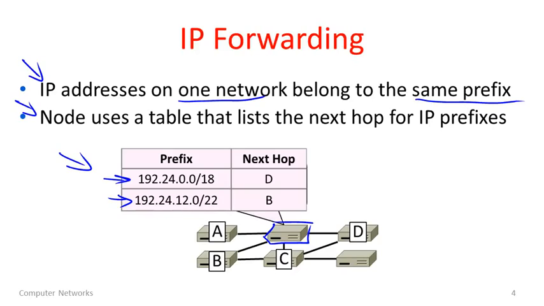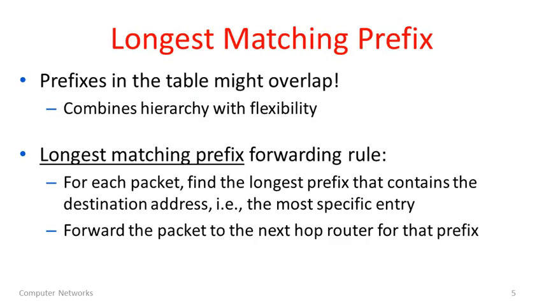It scales well. Now, it's not quite as simple as I'm making out for IP forwarding, and the reason is this, that prefixes in the table can overlap. If you just imagine a very basic notion historically with classful addresses, the blocks didn't overlap.